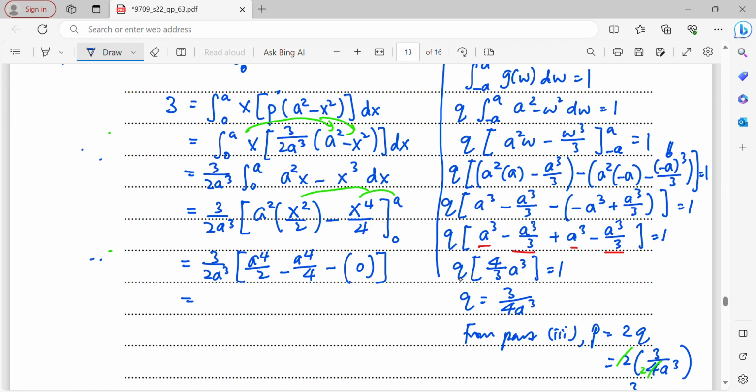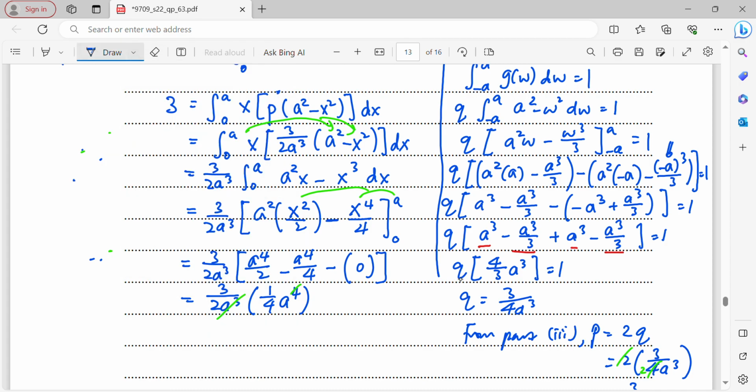Then now I will get 3 over 2a cubed. Now 1/2 a to the 4 minus 1/4 a to the 4, it will be 1/4 a to the 4, right? So from here I will further simplify. The a cubed and a to the power 4 can be cancelled off.